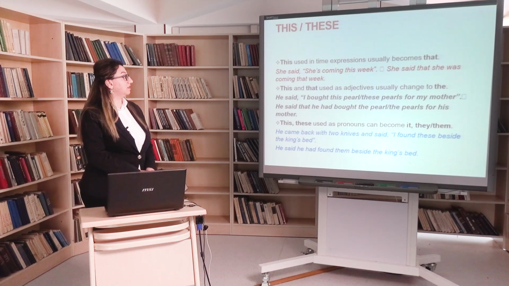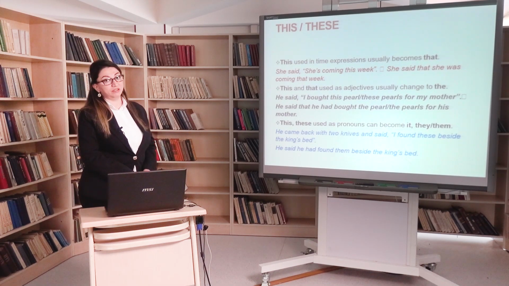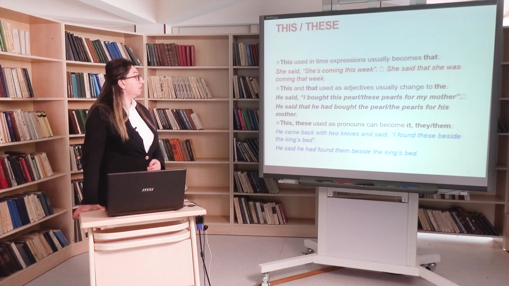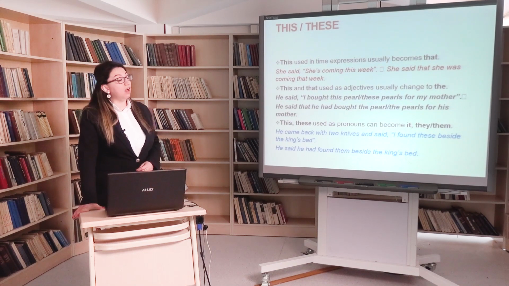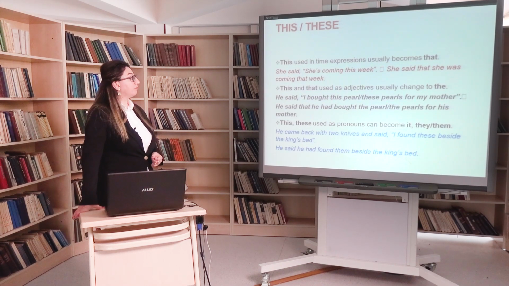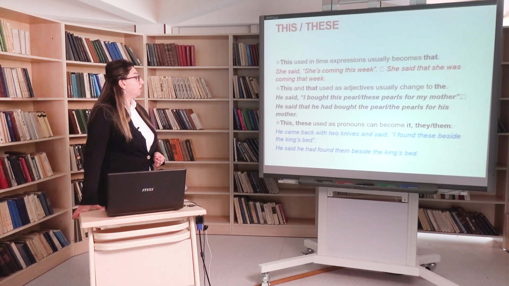The next principle, this and that used as adjectives usually change to the article. For example, he said, I bought these pearls for my mother. If we turn this sentence into indirect speech, we say, he said that he had bought the pearls for his mother.